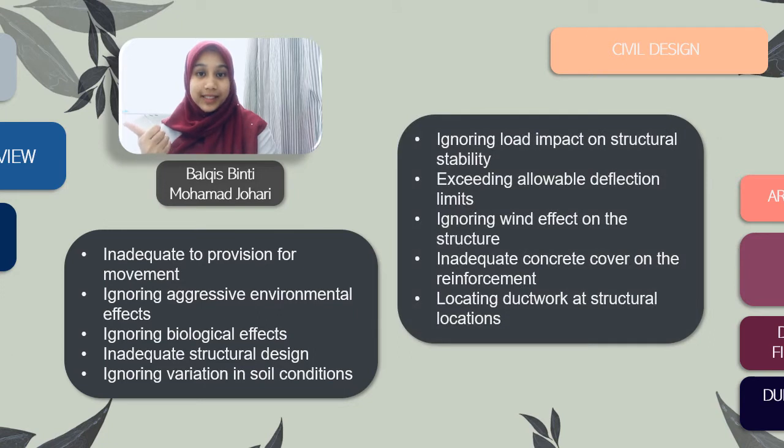Number 6 is ignoring load impact on structural stability. Number 7 is exceeding allowable deflection limits. Number 8 is ignoring wind effects on structure. Number 9 is inadequate concrete cover in reinforcement. And the last one is locating ductwork at structural location.